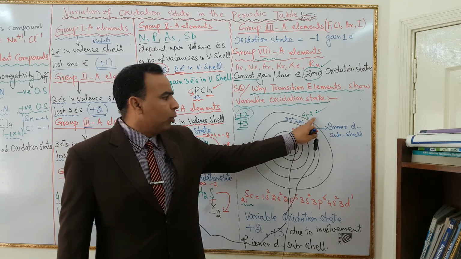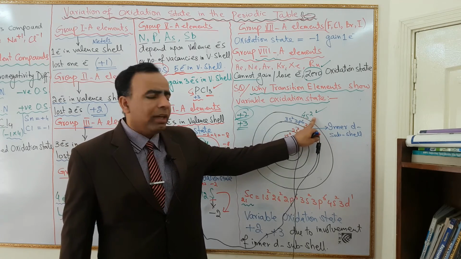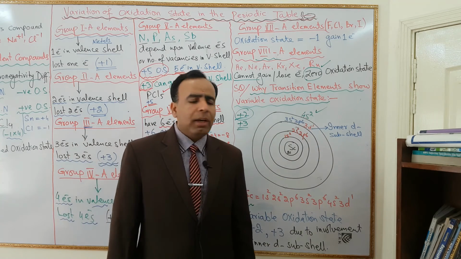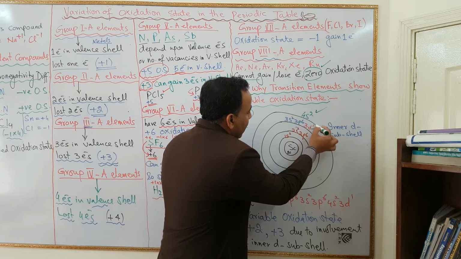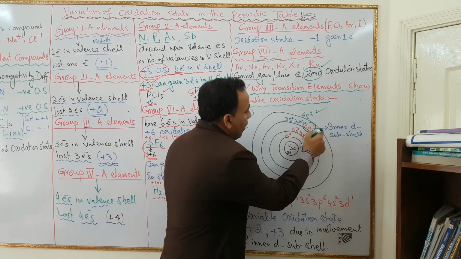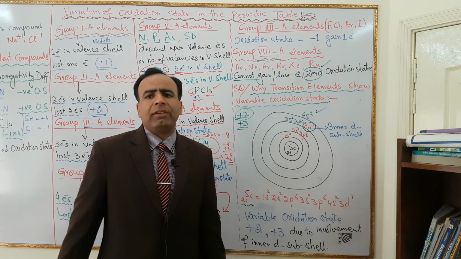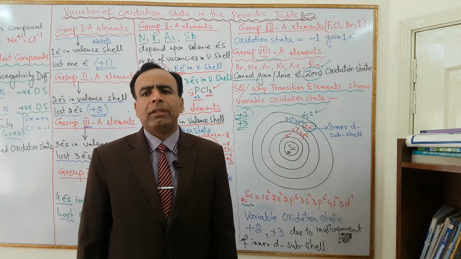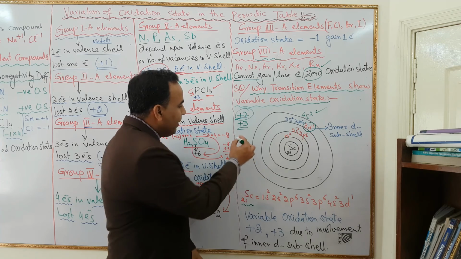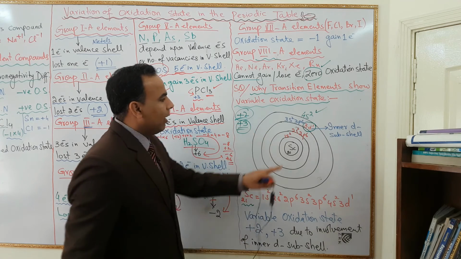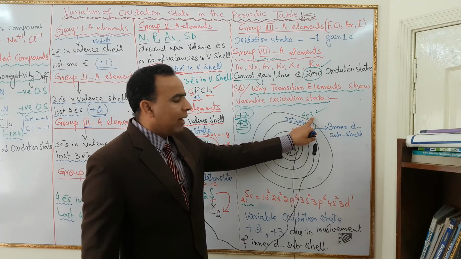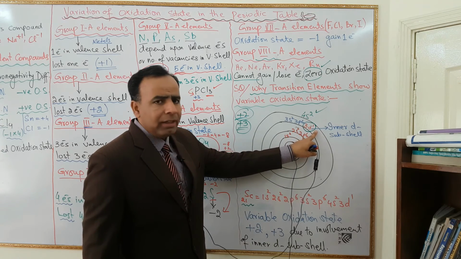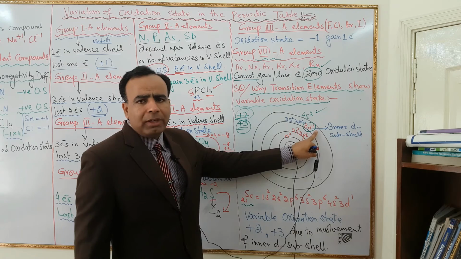When the outermost shell electrons, that is 4s2, are removed, then the electron present in 3d1, there is 1 electron, will participate in bonding. Then the oxidation state of scandium will be +3, because 2 electrons are already lost and this 3d1 is also involved in bonding.